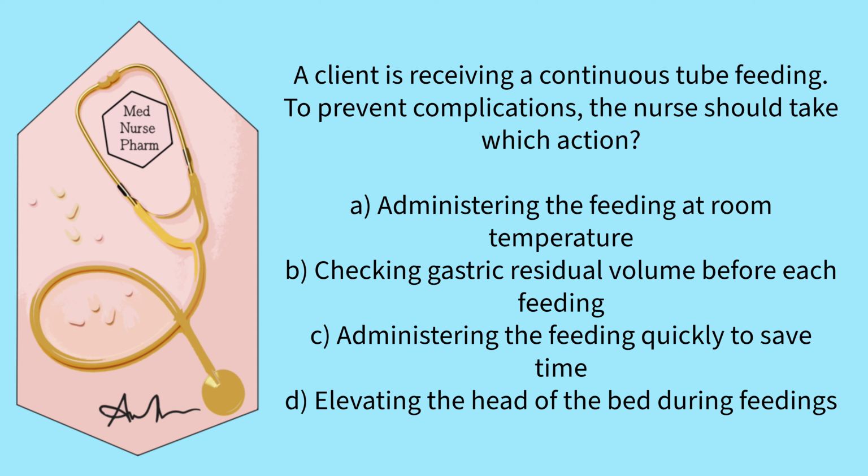Pause the video and select your answer. The correct answer is B, checking gastric residual volume before each feeding. Checking gastric residual volume helps assess the adequacy of gastric emptying and reduces the risk of complications such as aspiration.